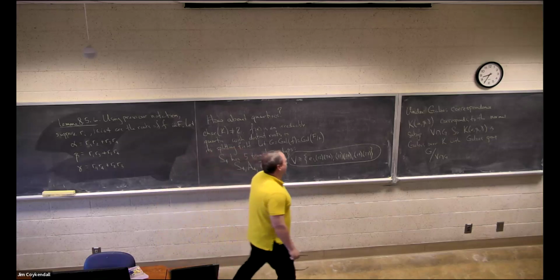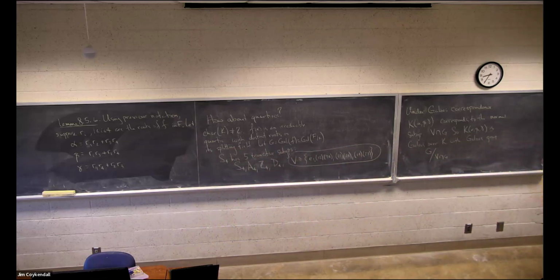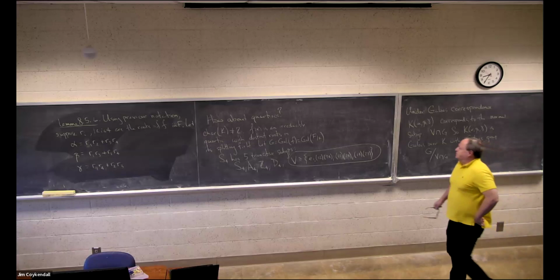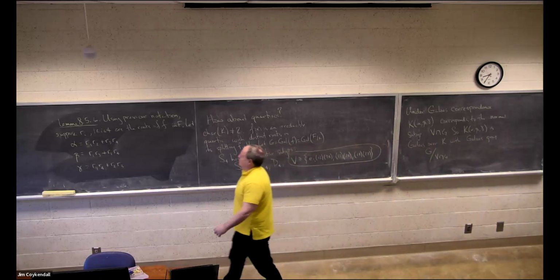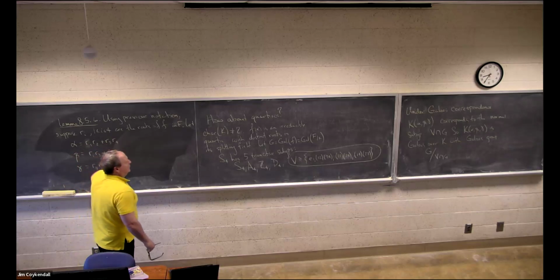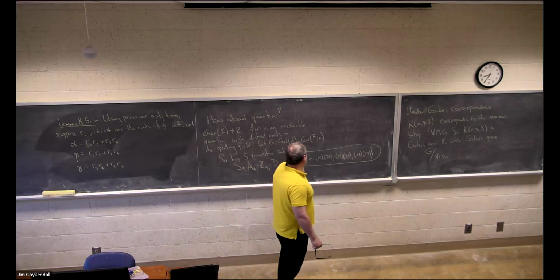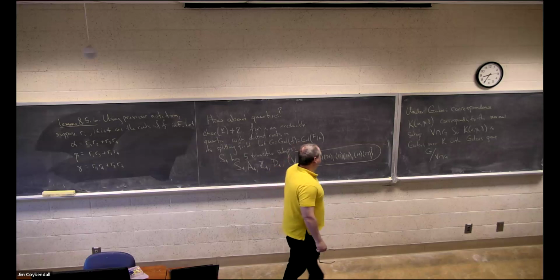Okay, so this is actually not too difficult to show. Notice that the key bit here is that this thing right here is normal. In fact, this is an abelian group, and it's a normal subgroup of S4.